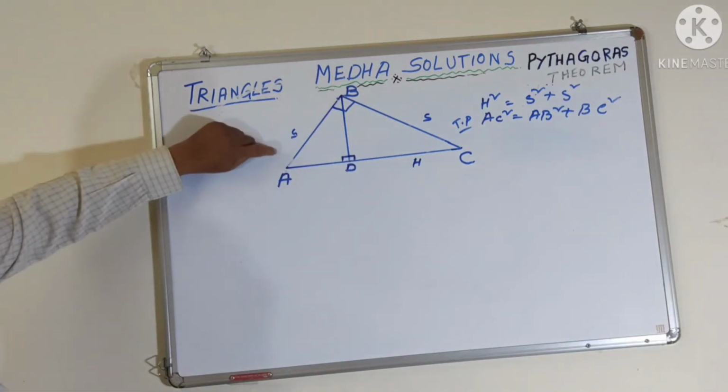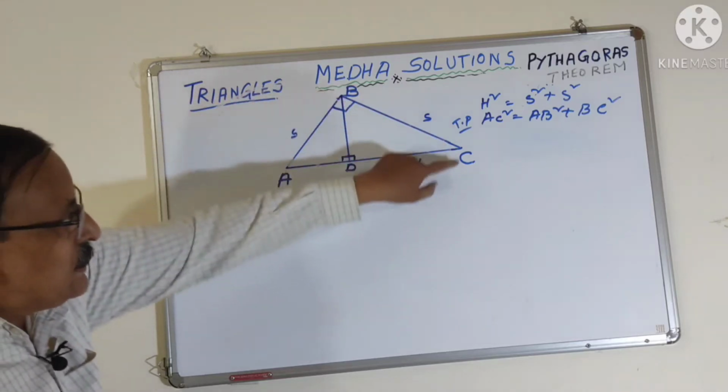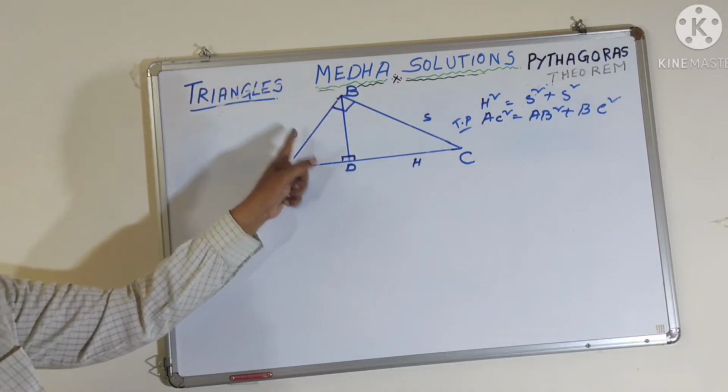So take this ADB, the left side small triangle, and the bigger triangle.